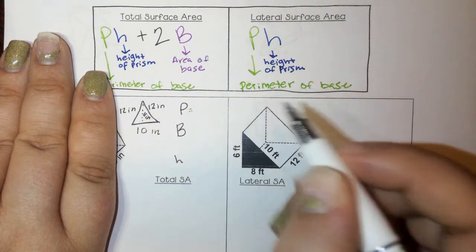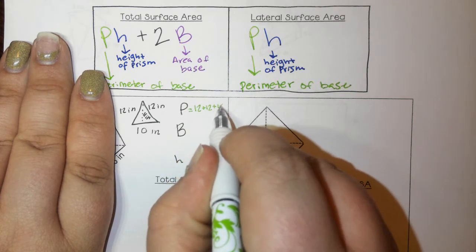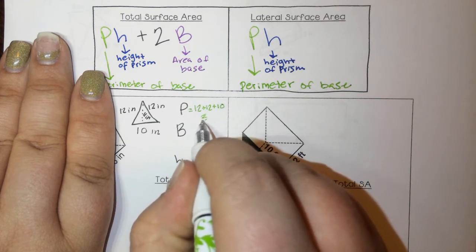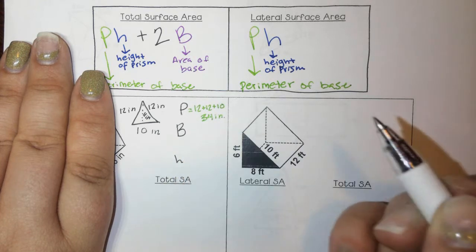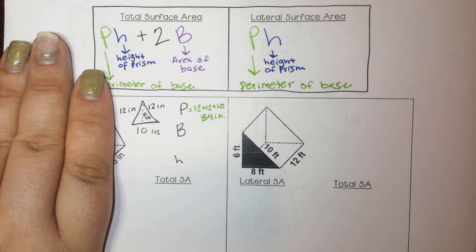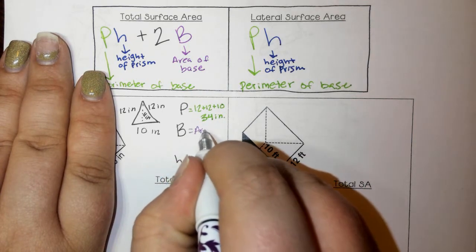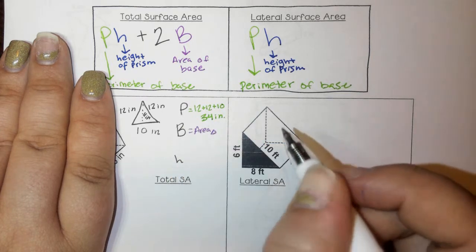Capital P is the perimeter, so just adding those sides together, 12 plus 12 plus 10, that is 34 inches. Now looking at capital B, that's the area of the base, which is a triangle.